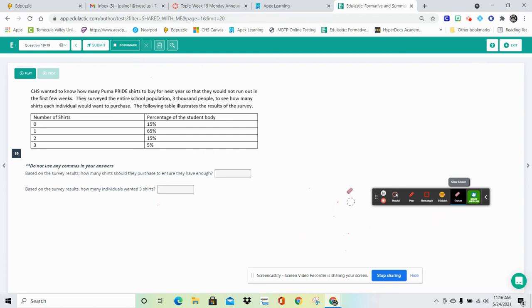Okay, so 15% are not going to buy the shirt. So that means that 85% will. So what you need to do is, what is 85%? So 0.85 times 3,000.